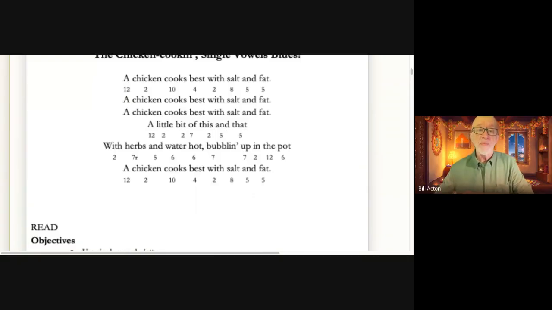And then 5, and then 6, then another 6. You can do 6 with either hand. Then 7, 2, 12, 6.